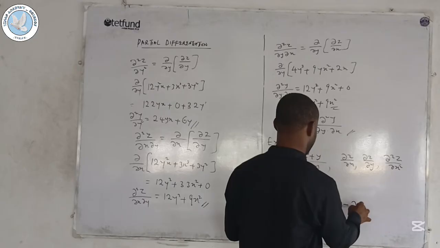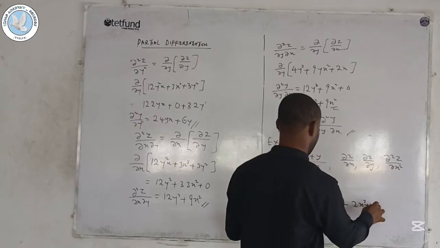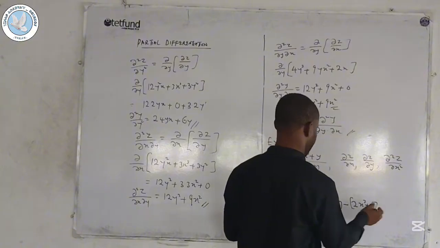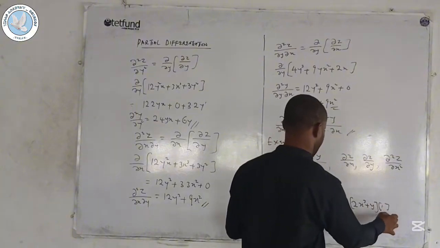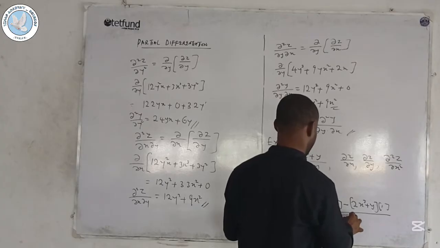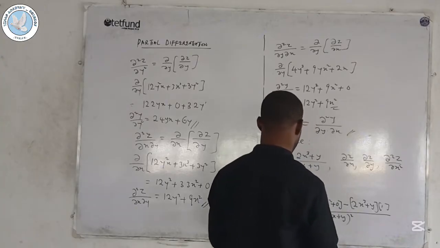We repeat this and differentiate this with respect to x. That will give you 1. Divide the whole thing by this plus this, squared.